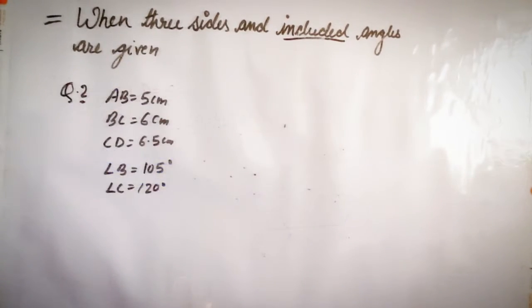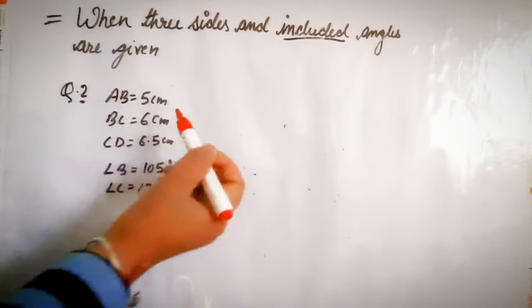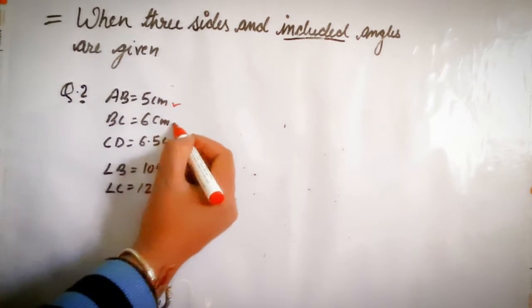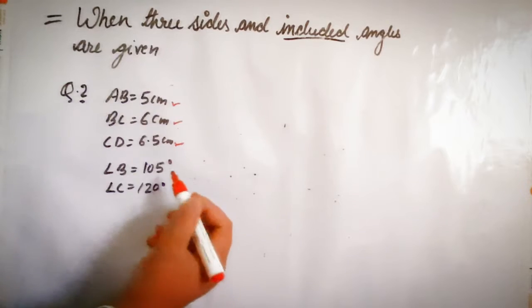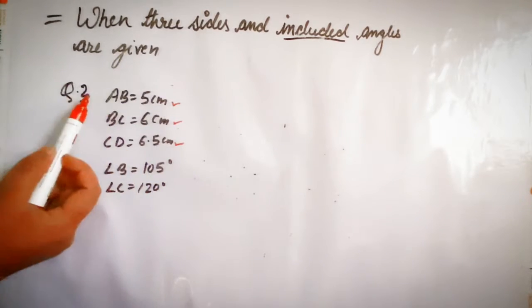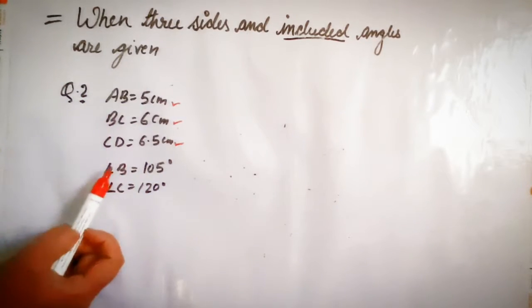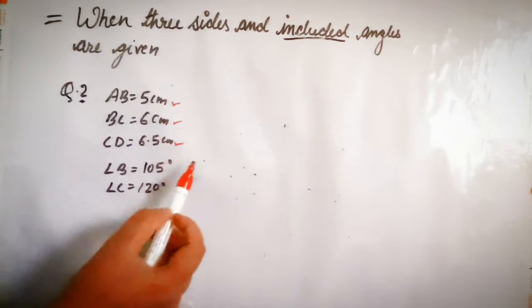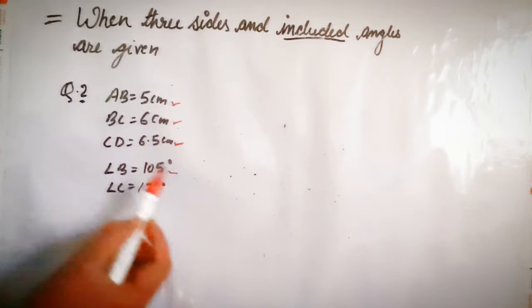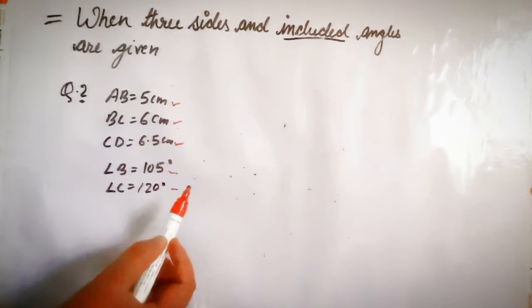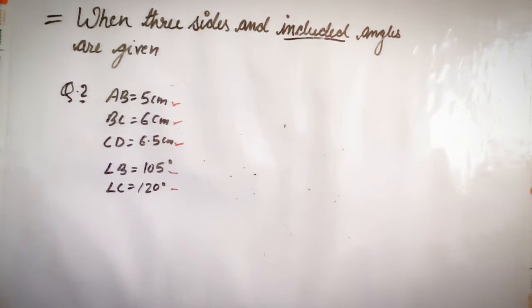Next is draw quadrilateral ABCD, in which AB is equal to 5 cm, BC is equal to 6 cm, CD is equal to 6.5 cm. Now angle B, you know that here included angle is angle B, so angle B is equal to 105 degree, and here the included angle is angle C, so angle C is equal to 120 degree. Now first of all we have to start our construction.